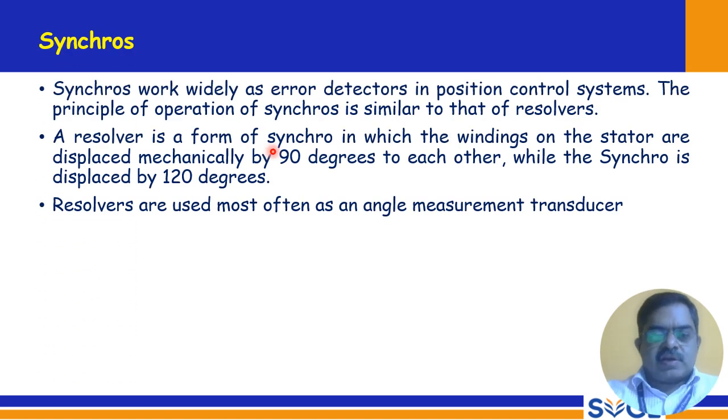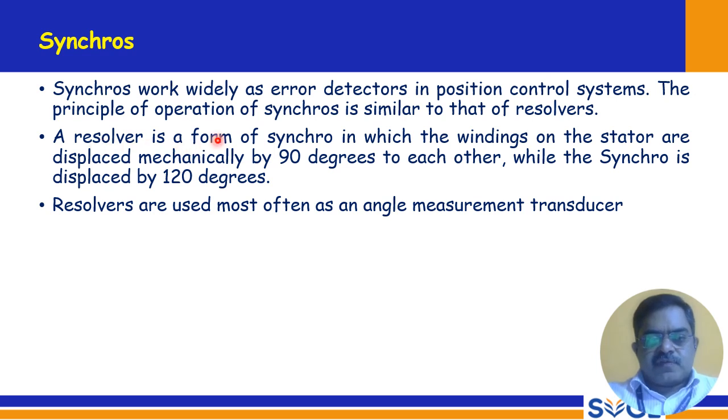The next type of rotary motion measurement is done by synchros. Synchros are widely used as error detectors in position control systems, and this is a very important application of synchro. The principle of operation of synchros is similar to that of resolvers.